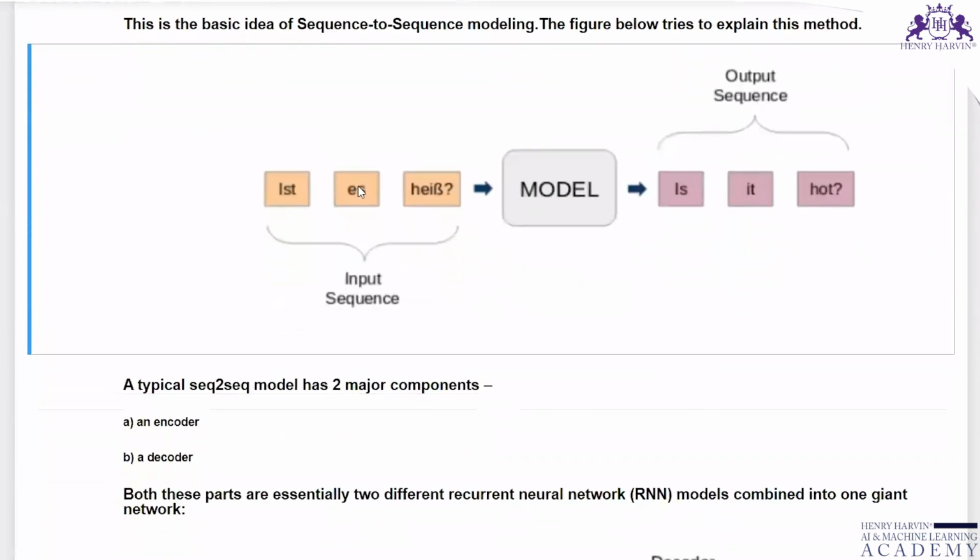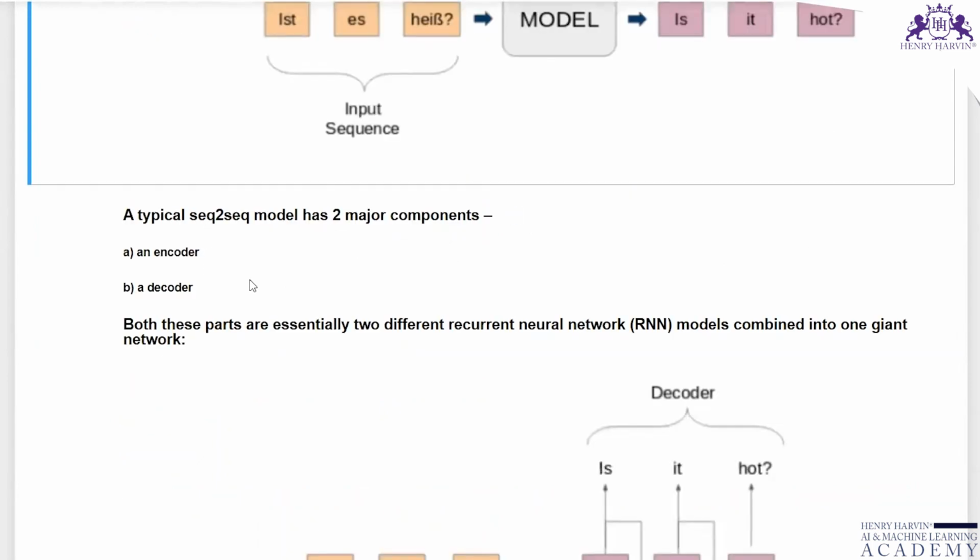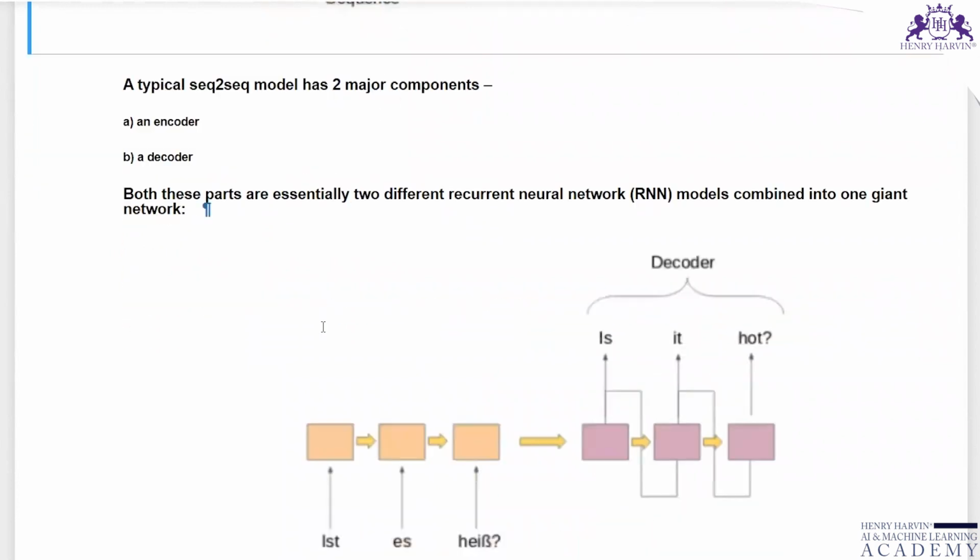Now let us try to understand. This is the input sentence in German, and I am using the model, and the output I am getting is in English. I do not know German, but still I get the meaning of it. A typical sequence to sequence model has two components: one is an encoder and the other one is a decoder.